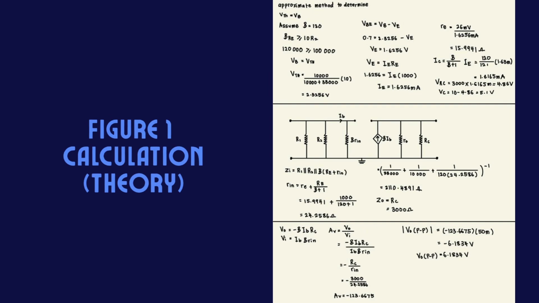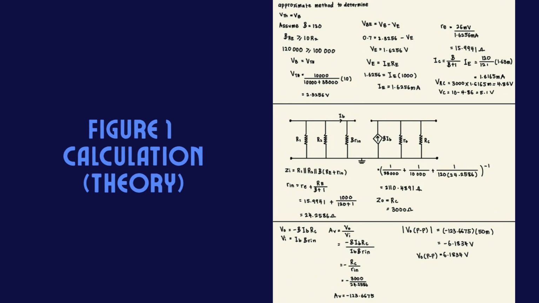And then we get the value for R in, which is 24.2586 ohm. And then we can continue to find the ZI. So we get the value of ZI, which is 2110.4891 ohm. And then Z0 is equal to RC, which is 300 ohm.